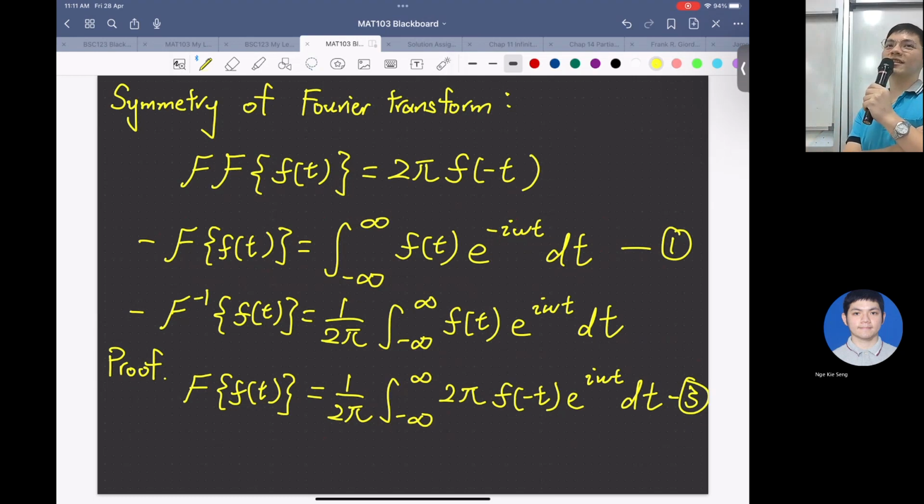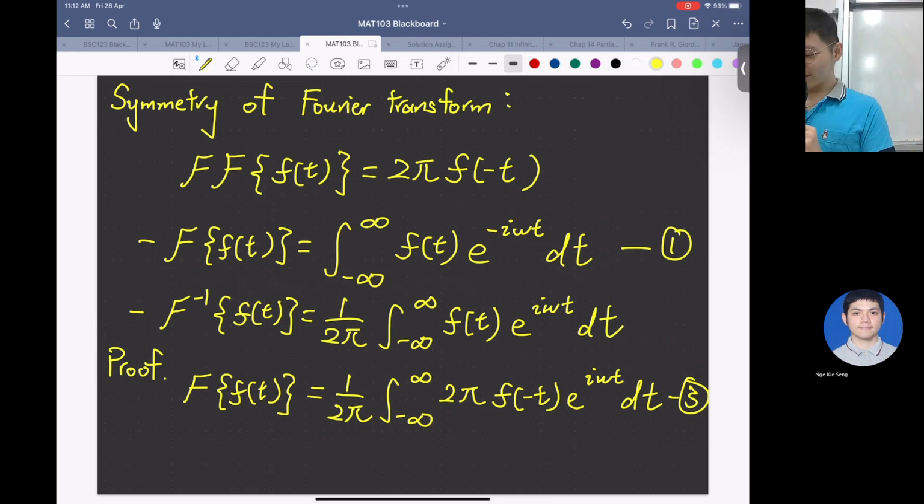Which one? The one that you marked at number one. Like the minus i, they set the e like negative e, so the negatives cancel out. Okay, then that's all.